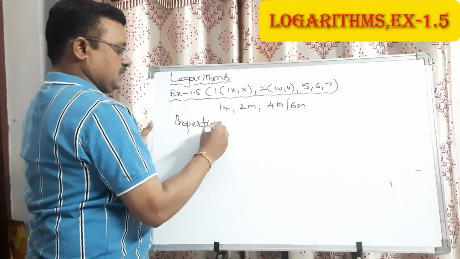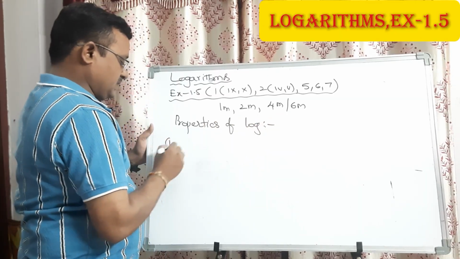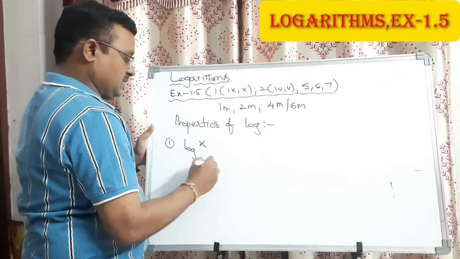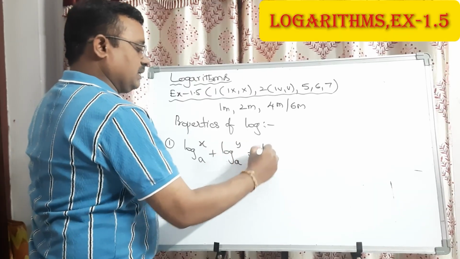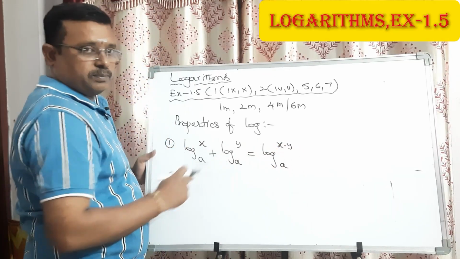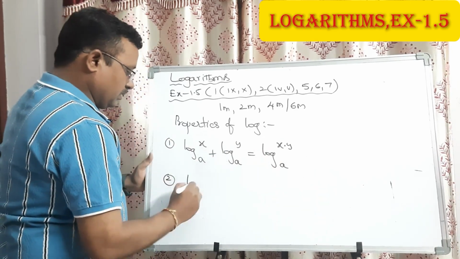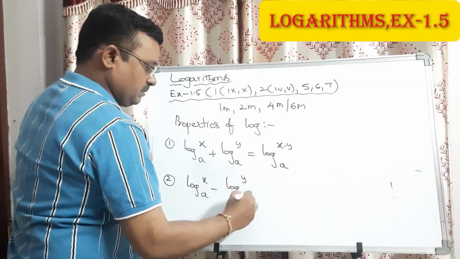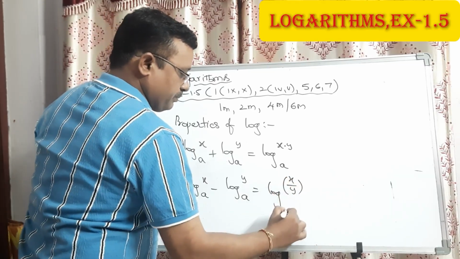Properties of logarithms. First one: log x base a plus log y base a is equal to log x into y base a. This is called the product rule. Second one: log x base a minus log y base a equals log x by y base a.